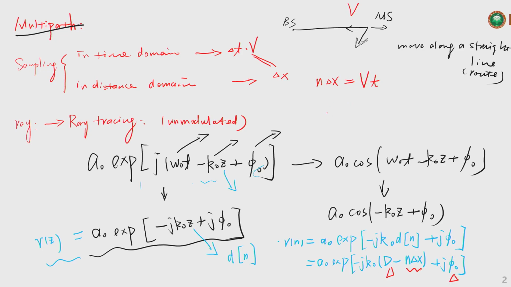So this can be expressed as A_0 exponential of minus j k_0 D plus j phi_0 minus j k_0 v t. The first part is constant, and this is the term related to the movement of the mobile user.